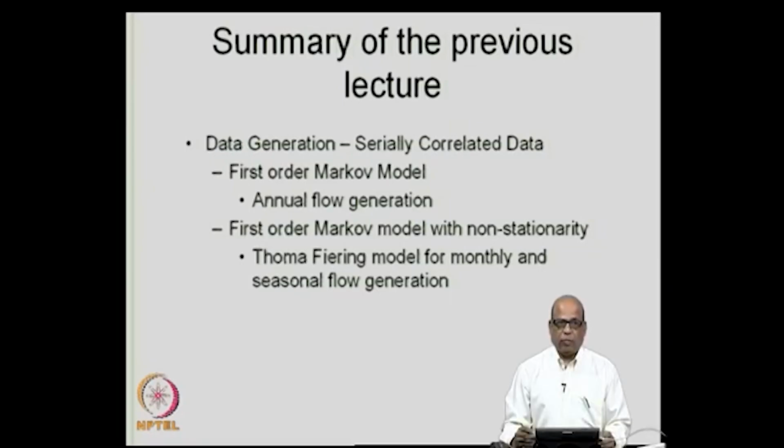So, if you have annual series of stream flows, you can compute these moments and then use the first order Markov model and generate series of annual flows. Then we relaxed the requirement that the series be stationary, and we considered the non-stationary first order Markov model, where for each month or season you have different means, standard deviations and lag 1 correlations.